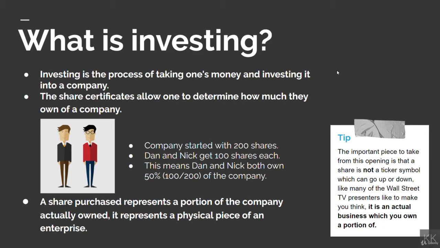Whenever a company is registered, the founders have to determine how many shares they want the company to be made of. If, for example, you have two friends, Dan and Nick, who want to start a business, when they go to register the company with the relevant authority, they decide that they want their company to be made up of 200 shares, with each person getting 100 shares.